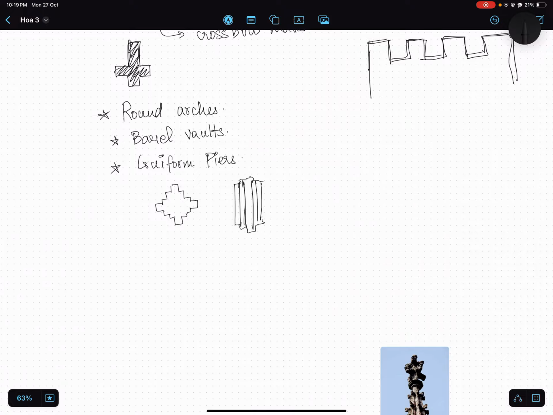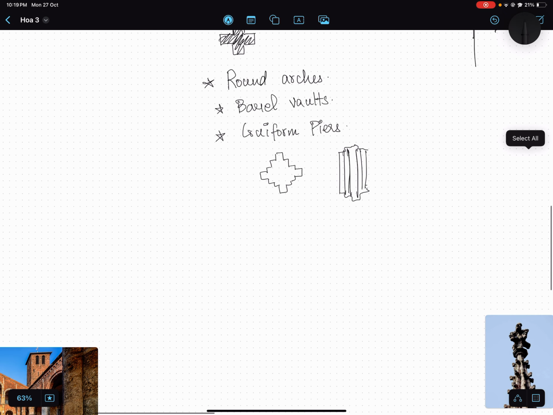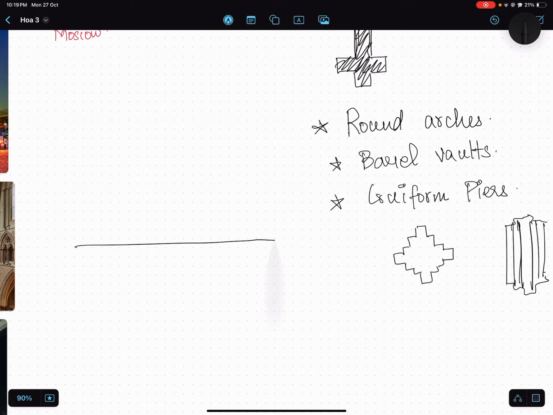So they used cruciform piers, and if you see a cross section of a church, this is your nave, this is your aisle.